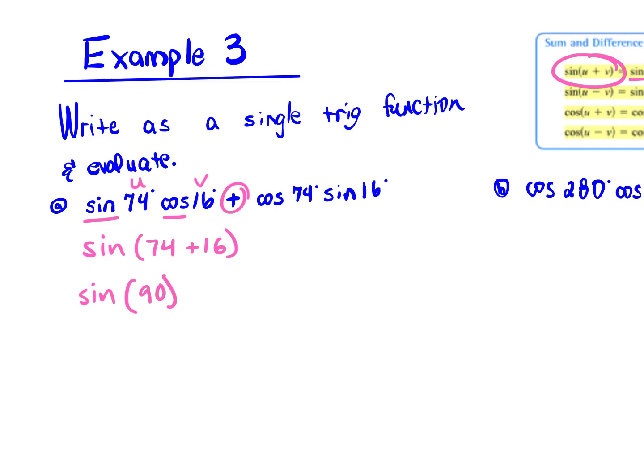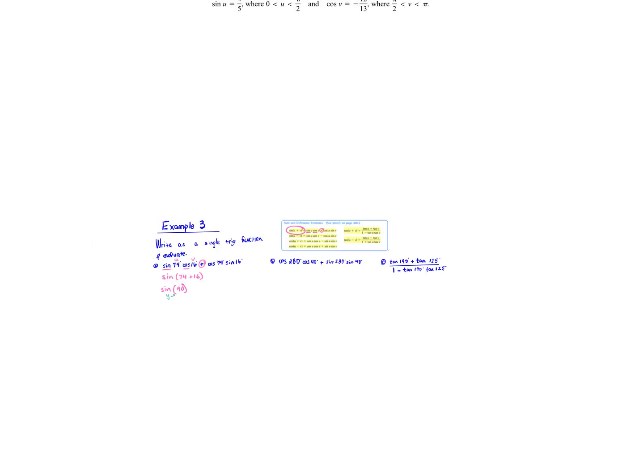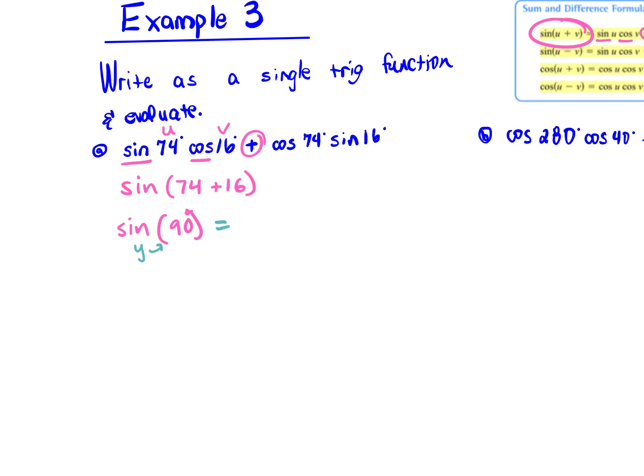Now we have to evaluate this. 90 is on our unit circle. So sine tells us we look at what on the unit circle? The y value. What's our y value at 90? So sine of 90 would be 1. So this is our answer. We got to write it as a single trig function and evaluate. So you need both parts to your answer.